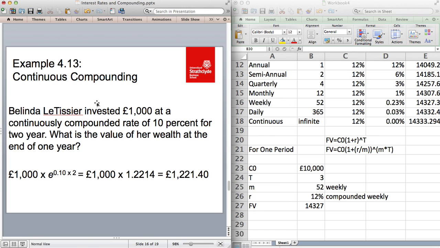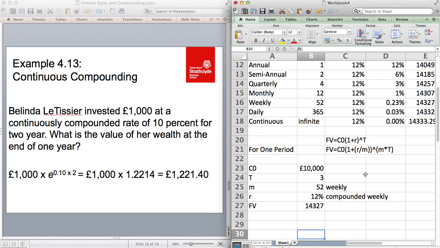So we've got someone who invested 1,000 here. Let's just put 1,000. I'll work on this one. The number of periods are 2. The type of compounding, well, I'm just going to write continuous here. Okay, so it's continuous. So what's R?